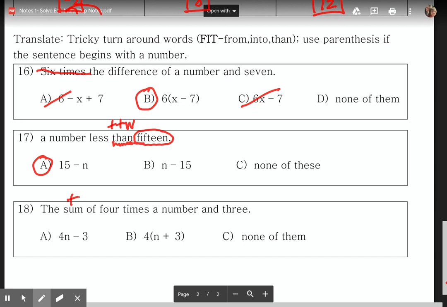Well, A is close to it, but that's subtraction. B shows there's parentheses, which means for this one you would start with 4 times the sum of a number and 3. So it is going to be C, because the actual answer should be 4n plus 3.